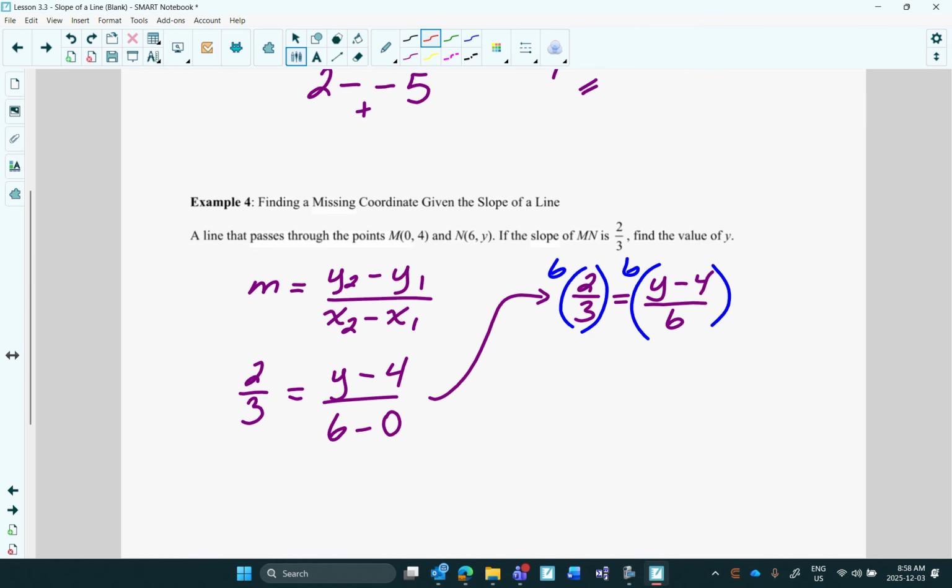So now I can do some canceling. 6 divided by 3 is the same as 2/1. So 2 times 2 just gives me 4. Six divided by 6 just becomes 1 and 1.